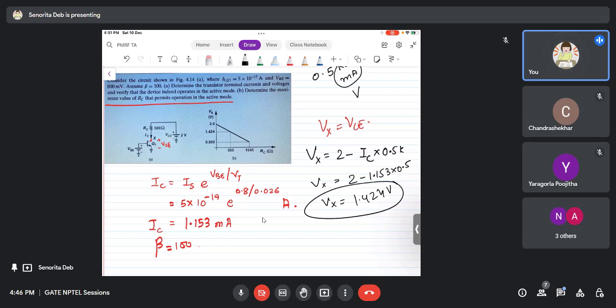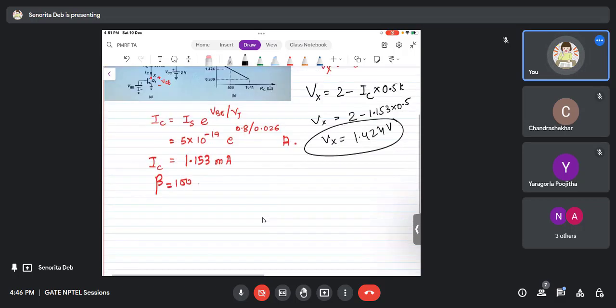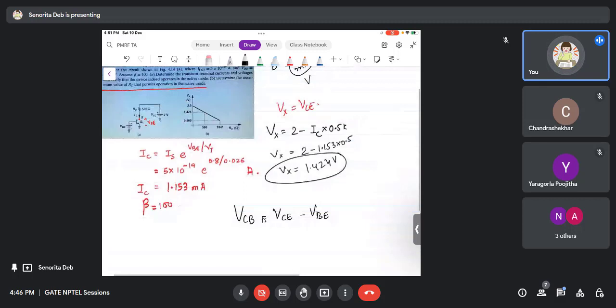Now they have asked for the RC value for which the transistor has to be in active mode. So you know that for active mode VCB is positive, which is VCE minus VBE. So I should have any value which is greater than 0.8 volt. VCE should be greater than 0.8 volt. So what is the lowest point?